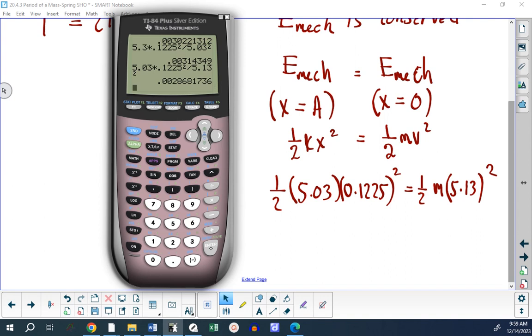About 2.8 grams, is that what we're getting? So it's a very tiny mass reaching an incredibly large speed, like 5 meters per second. If you ran at 5 meters per second, it's not impossible. We can all run at 5 meters per second, but you're really running quite fast. You're not an Olympic sprinter, but you're moving, okay? So this is the mass.